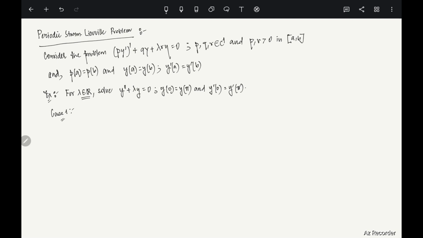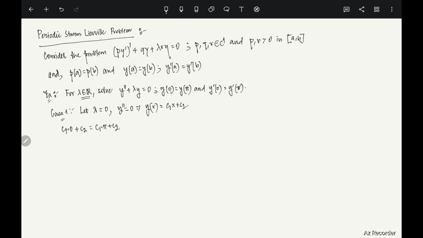So what is case 1? Case 1 is lambda equals 0. In that case, y double prime equals 0, and the general solution will look like y(x) = c1 x + c2. Now y(0) equals y(pi), so c1 times 0 plus c2 equals c1 times pi plus c2.